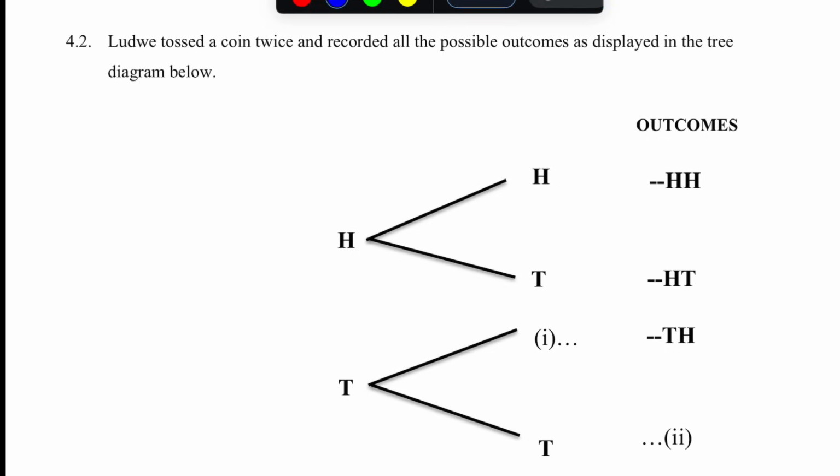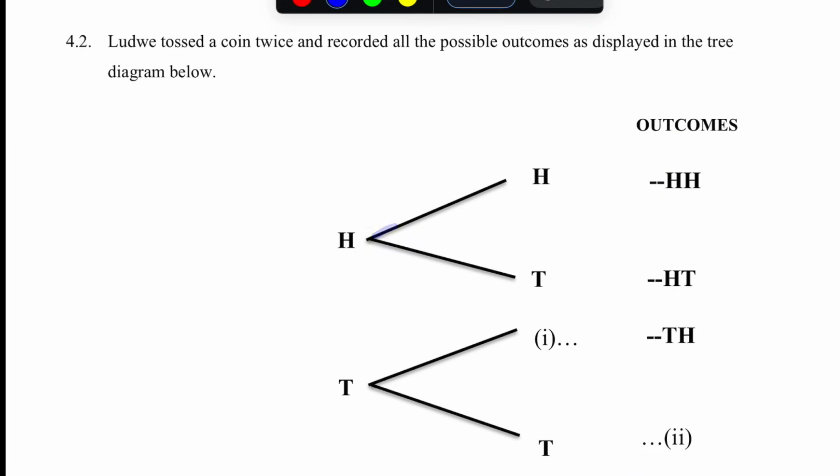The probability, guys, it says Ludo tosses a coin twice and records all the possible outcomes. So if you toss the coin twice, you have 4 possible outcomes.